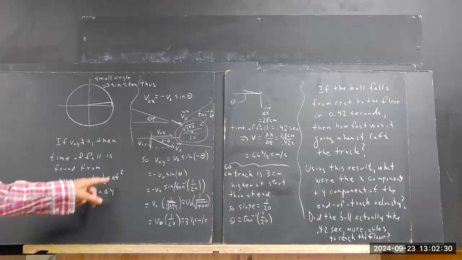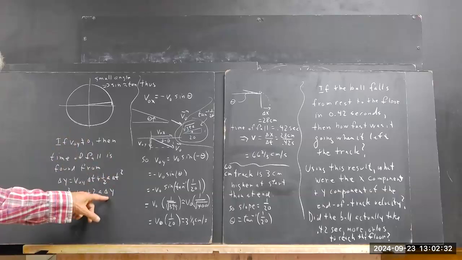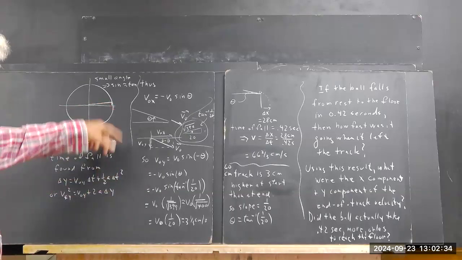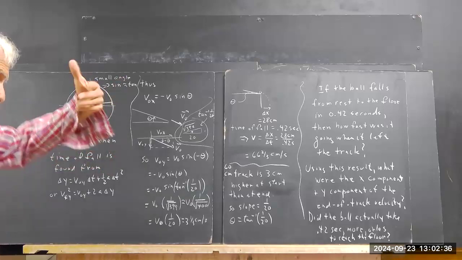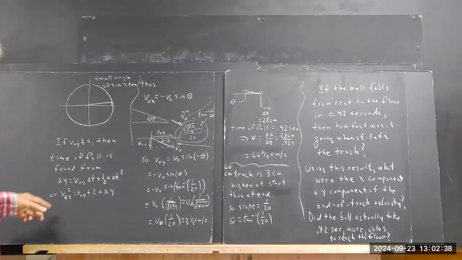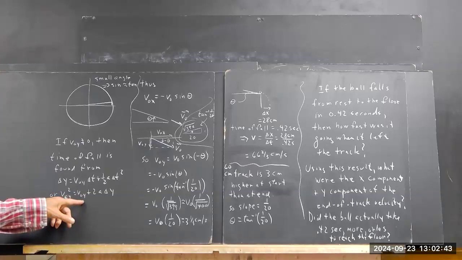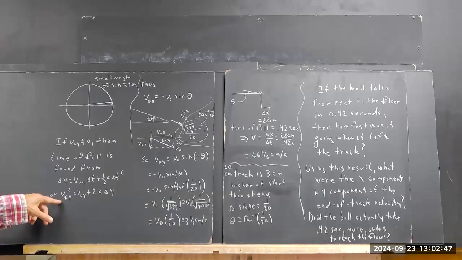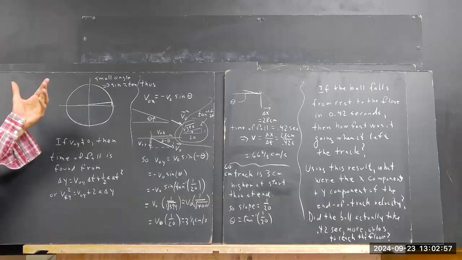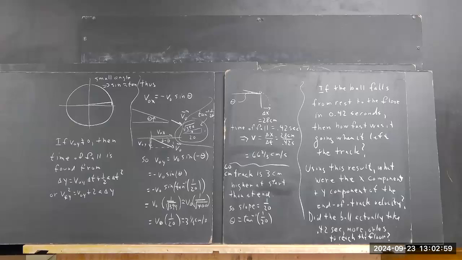You know the acceleration, either way, it's the acceleration of gravity. You know delta y, the height of the end of the ramp. And now you know V naught y. So you get VFY, and then you can average that with V naught y. You get the average velocity, divide that into the distance to get the time.